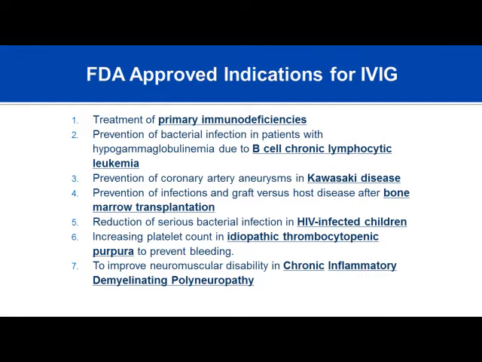The others, at least for which some products are approved, some of the intravenous immunoglobulin are approved, include prevention of bacterial infection in individuals with B-cell chronic lymphocytic leukemia, prevention of coronary artery aneurysms in individuals with Kawasaki disease, prevention of infections and graft versus host disease after bone marrow transplantation, reduction of serious bacterial infection in HIV-infected children, to increase the platelet counts in individuals with idiopathic thrombocytopenic purpura, and to improve neuromuscular disability in chronic inflammatory demyelinating polyneuropathy.